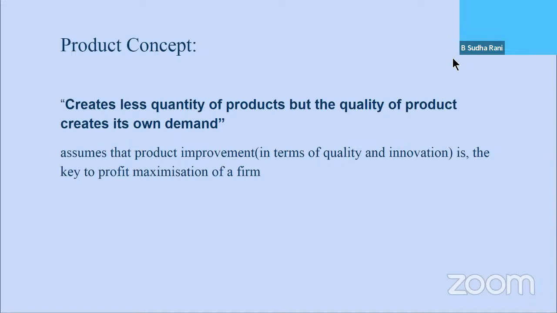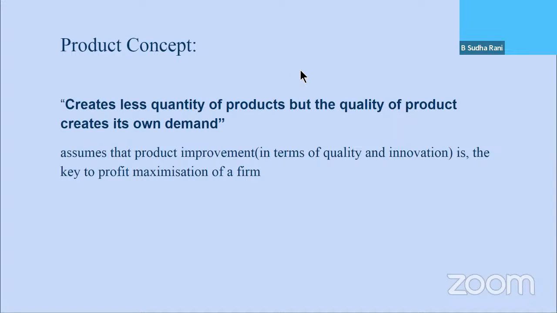In order to overcome the competition and have more sales, they started thinking about improving their product quality, and to improve the product quality, they started investing. So whichever seller offers a quality product, that seller's product will have a demand.